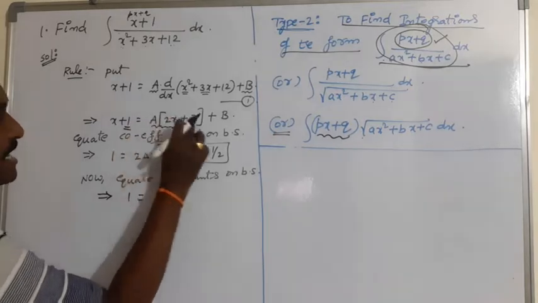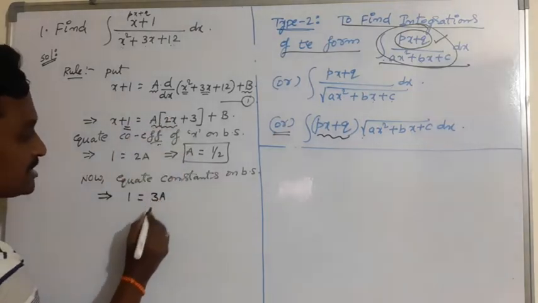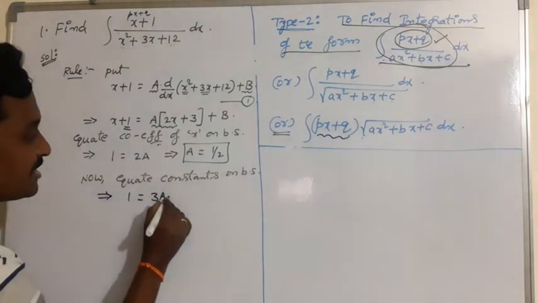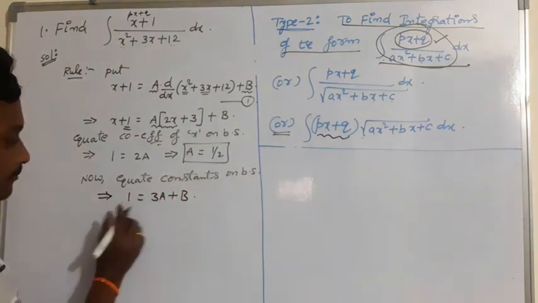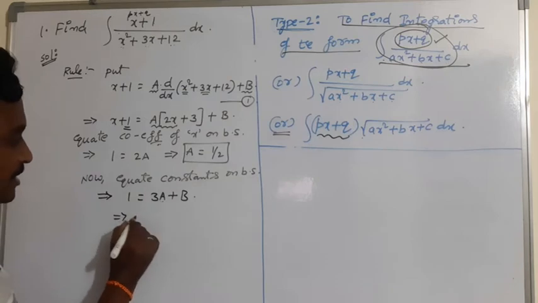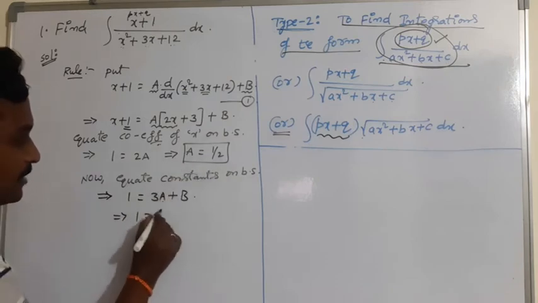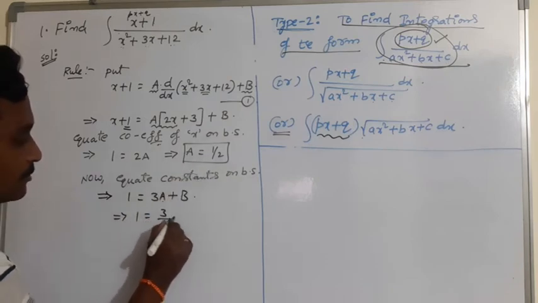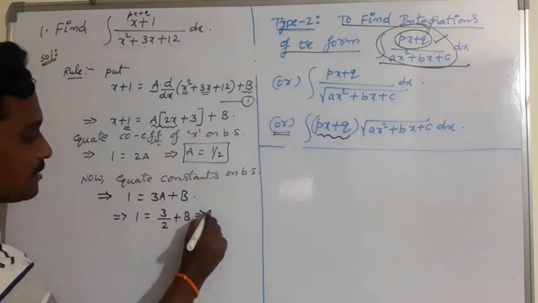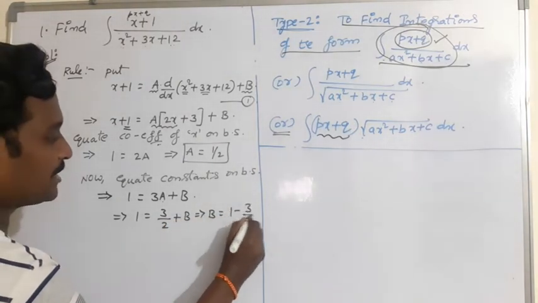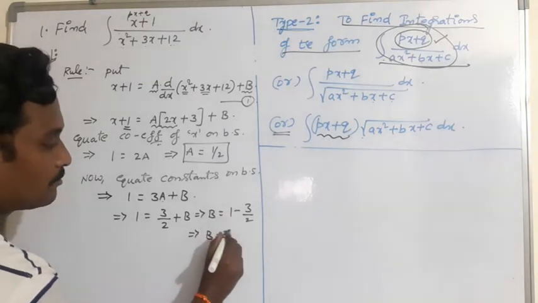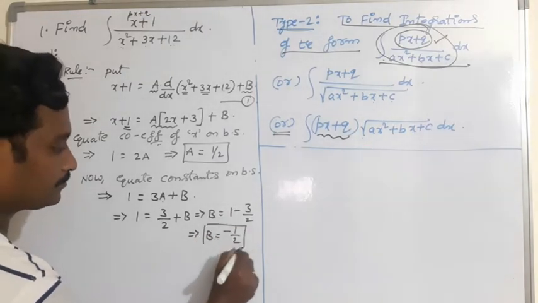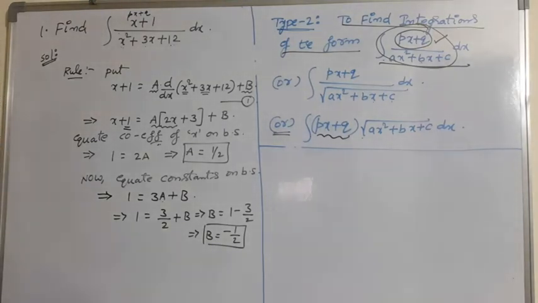In the right hand side 3A. 3A is a constant because x is not involved, plus B. Already we got the value of A. Replace the A value here. 1 is equal to, A is nothing but 1 by 2, 3 into 1 by 2, 3 by 2 plus B. So B is equal to 1 minus 3 by 2, so B is equal to 2 minus 3, that is minus 1 by 2. In this way we can find out the A value and B value.